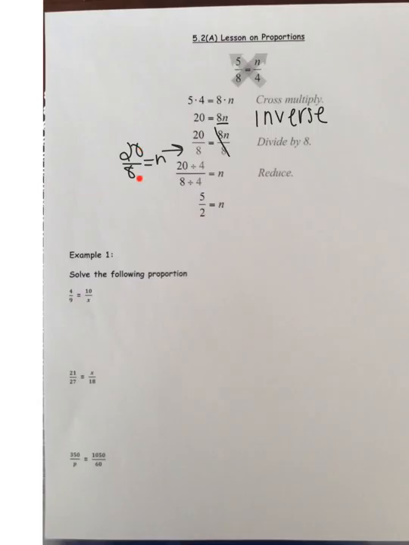I can take a look at 20/8 and think, what factors do these two numbers have in common? Well, we know that they both are divisible by 4, so we can divide the top and the bottom by 4, and we end up with the equivalent fraction of 20/8 being 5/2. So 5/2 equals n, and that would be what n would equal for this proportion.